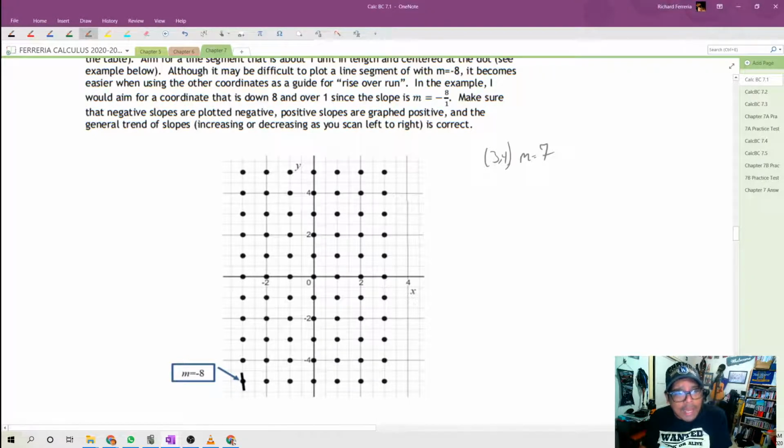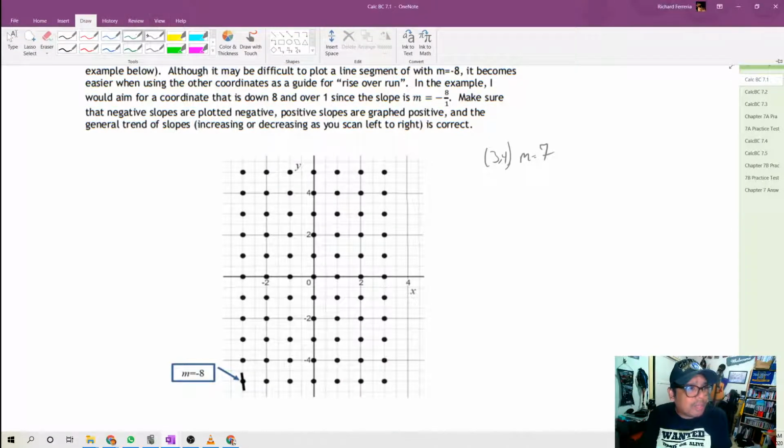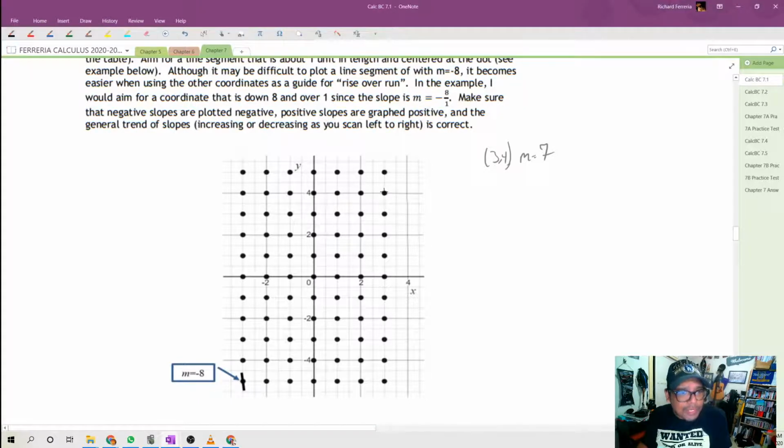And what I mean by aiming is, if you take a look, 3, 4 over here, and we want to make a slope of 7, let's use the draw tool. I think that's going to be helpful. If I draw a slope of 7 over here, that means I can't look at a point on this side over here. I've got to look at a point on the left side of that because I don't have any other place to look. So 1, 2, 3, 4, 5, 6, 7.